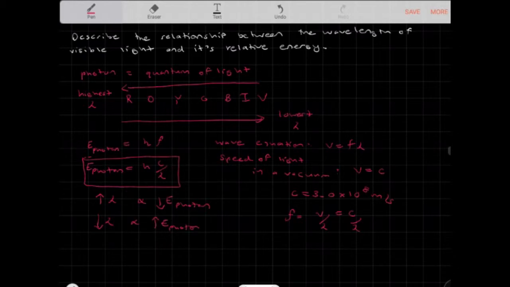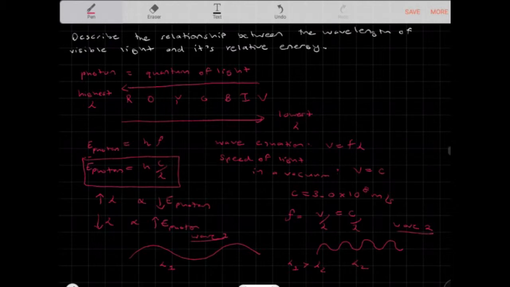Okay, and the relationship between this: we understand that as the wavelength gets larger, and we know wavelength is the distance of a cycle, right? So if we have two waves, such as one like this and the other like this, let's call this wave 1 and this wave 2, we can see that the wavelength of wave 1 is greater than wave 2.